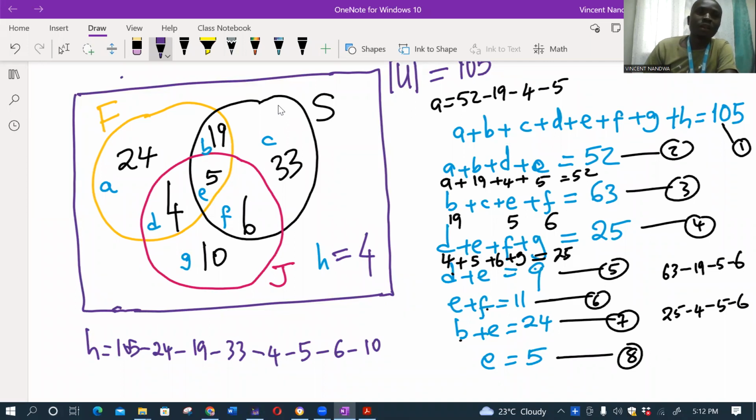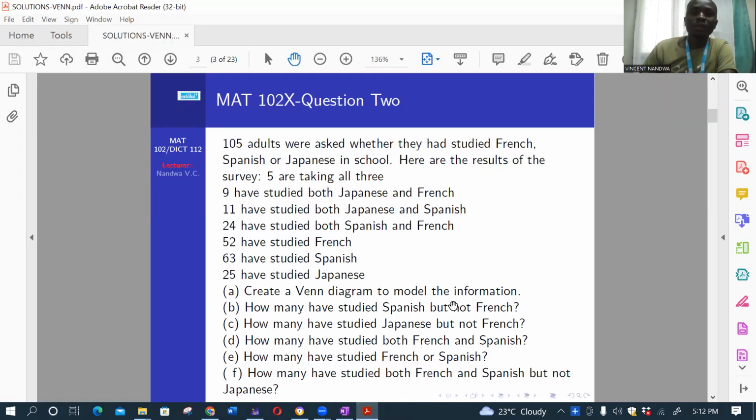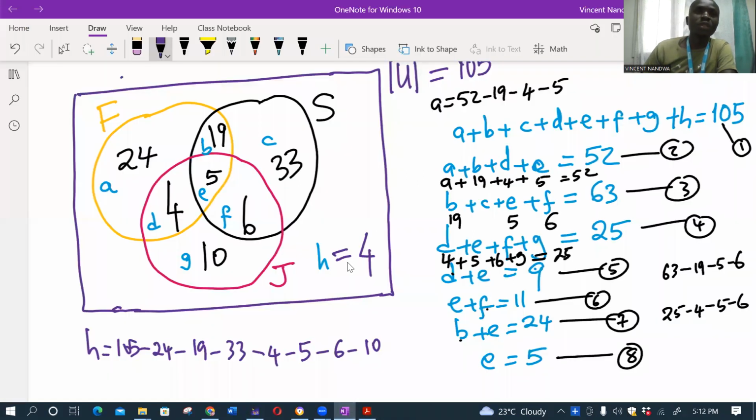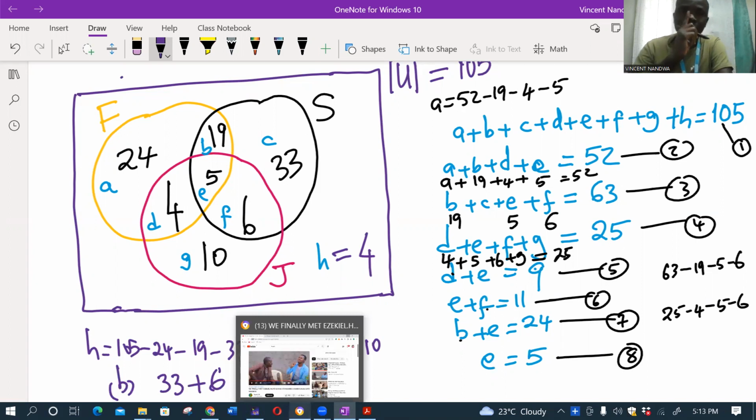So every element in the black set, but we avoid picking those which can be counted to be in F. So this means we pick part C and part F and leave B and E because B and E can be counted to be in F. So therefore, the solution to B will be given by 33 plus 6, and the answer is 39.